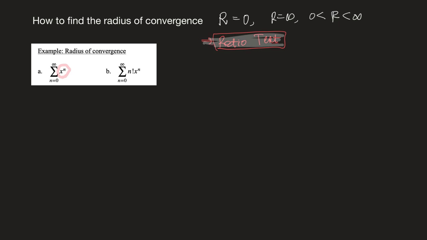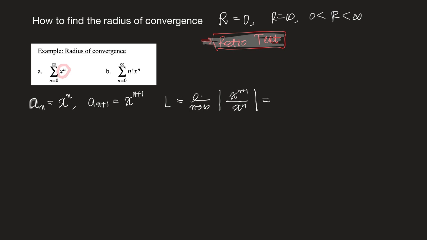We want to use the ratio test here. When you're using the ratio test, you find a_n is x^n, so a_(n+1) is x^(n+1). So the ratio test says the limit L is the limit as n approaches infinity of |a_(n+1)/a_n|, which is x^(n+1) over x^n.